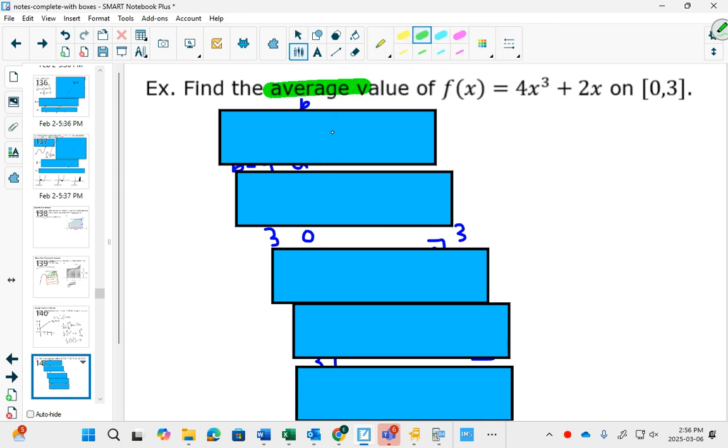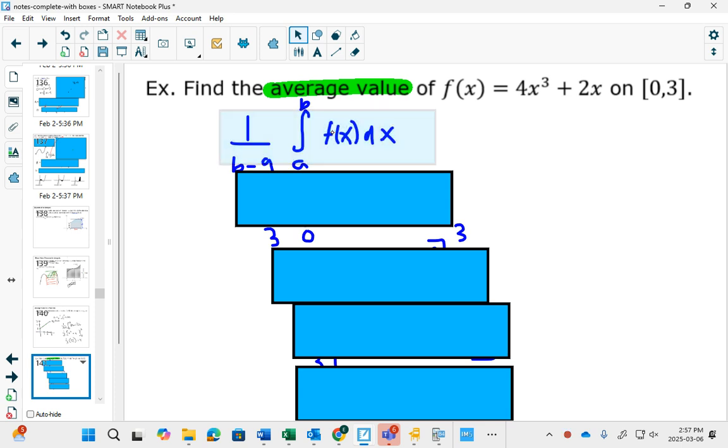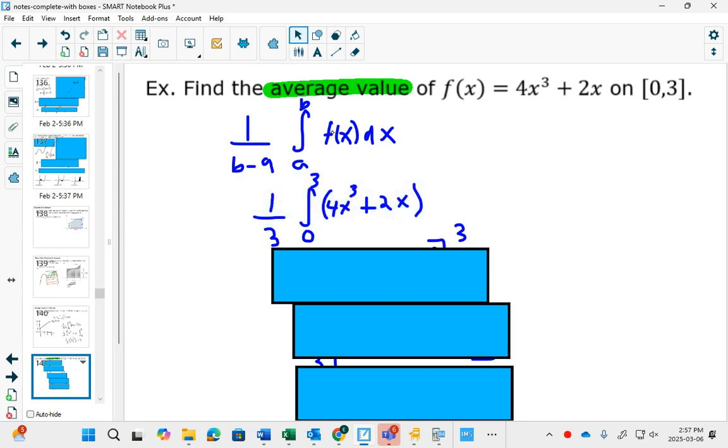You have to have memorized that if they ask for the average value of a function, you know that it's this formula. And so from 0 to 3, that would be 1 to 3.